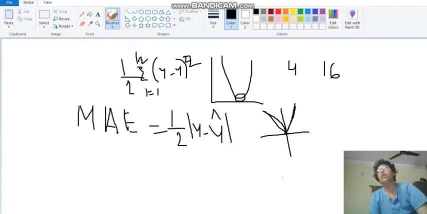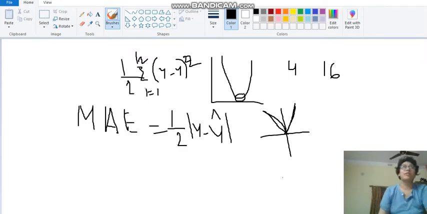When there is no outlier, the formula of Huber loss is half of (y minus y hat) squared. When an outlier comes into the picture, the formula changes, and there is the concept of delta: delta times the absolute value of y minus y hat, minus half of delta squared.